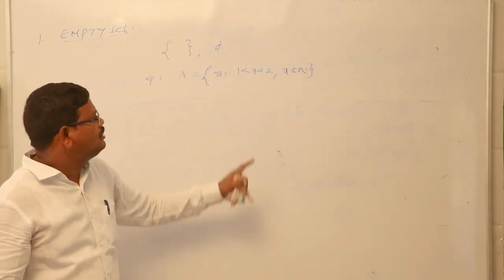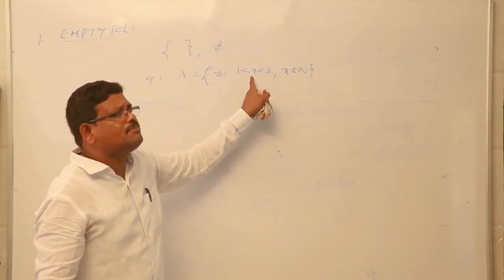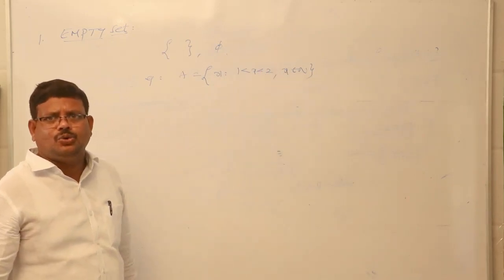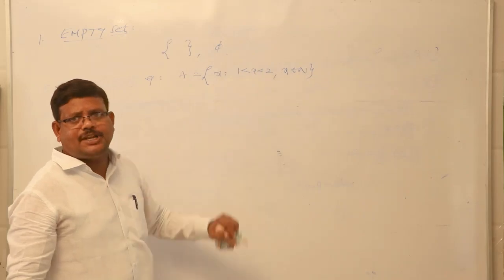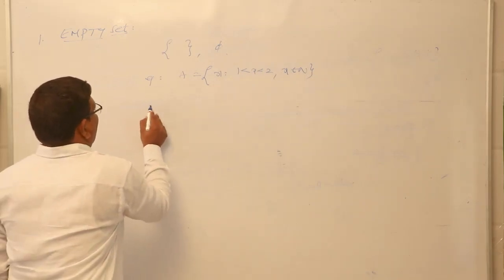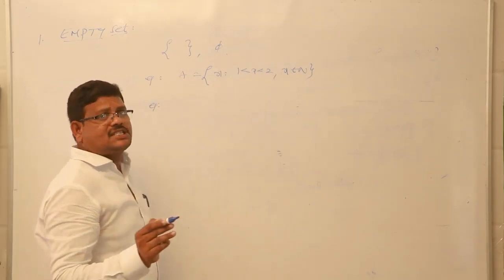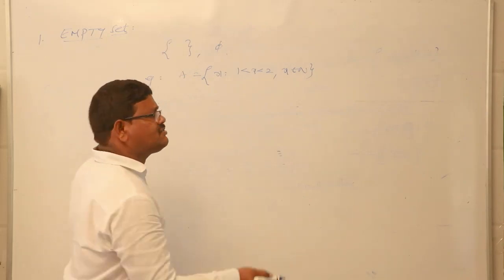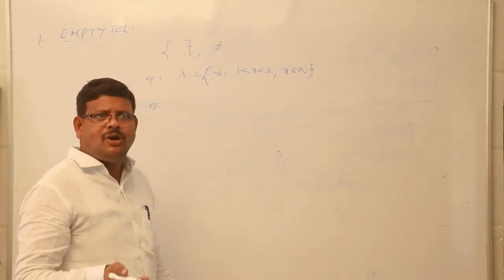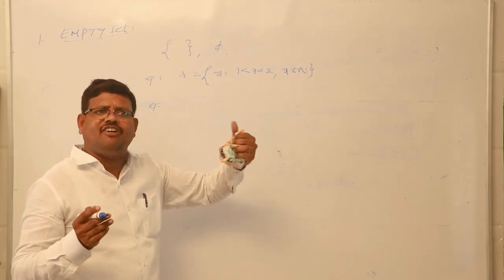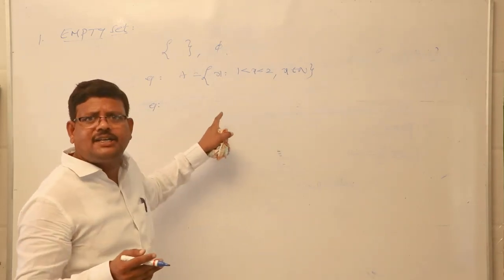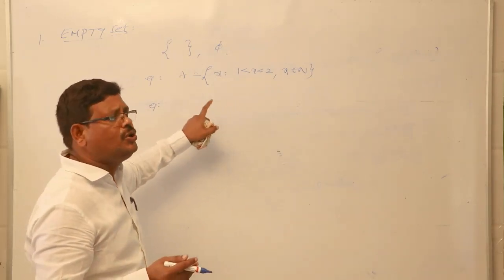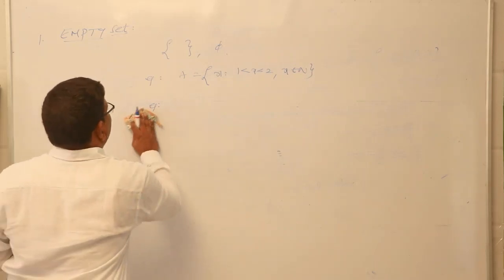Because we don't have any natural numbers between 1 and 2, this is an empty set. The second example is a number whose square is -1. Is it possible? If you square any number, we should not get -1. This is also an example.